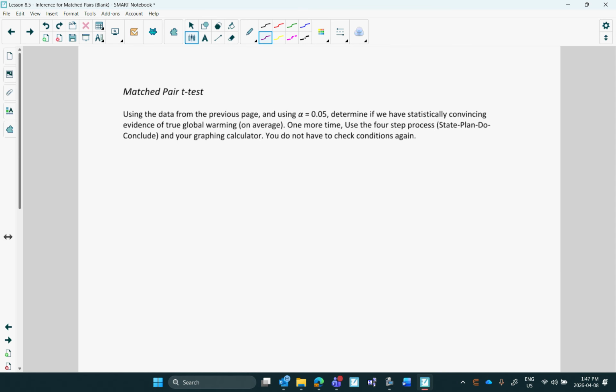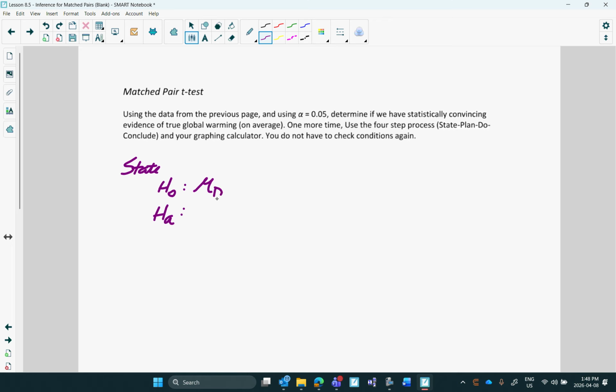If we wanted to do a t-test, okay, and I'll try not to repeat myself here. So remember, this is a one sample t-test. So state, well, this is where we do our null hypothesis and our alternative hypothesis. And remember, we're not doing two separate measurements. We're doing the difference, one measurement.